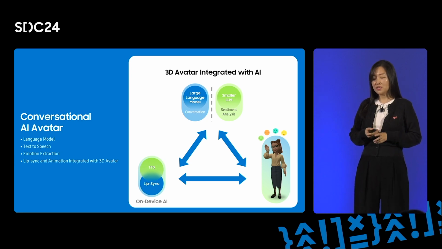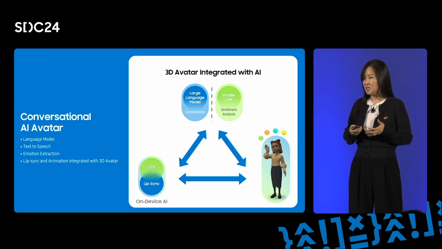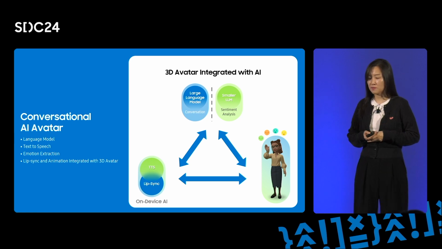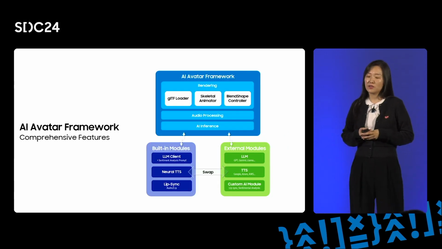However, building your avatar service from the ground up would require a significant amount of effort. Tizen offers an AI avatar framework that simplifies the process of creating avatar service.